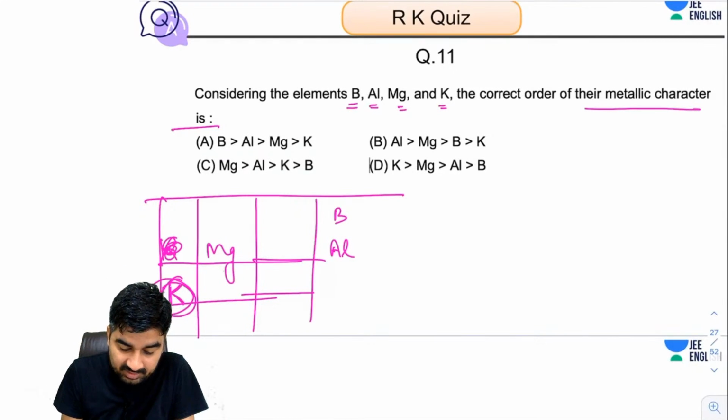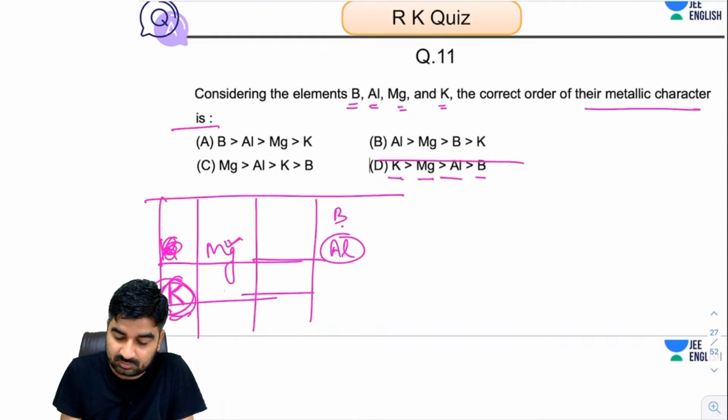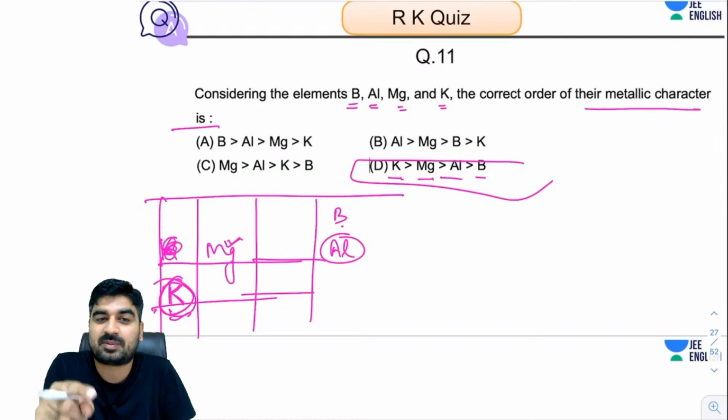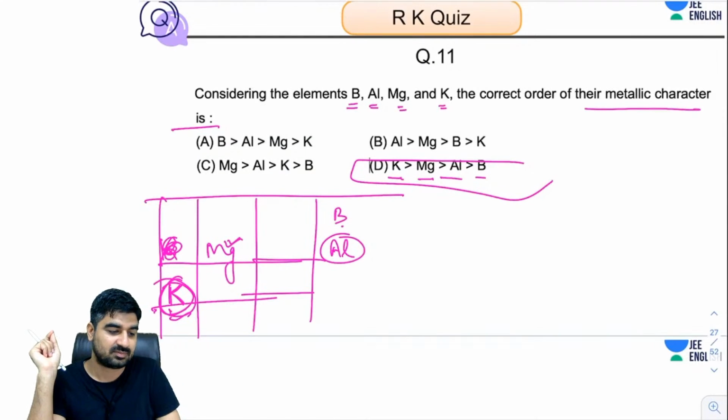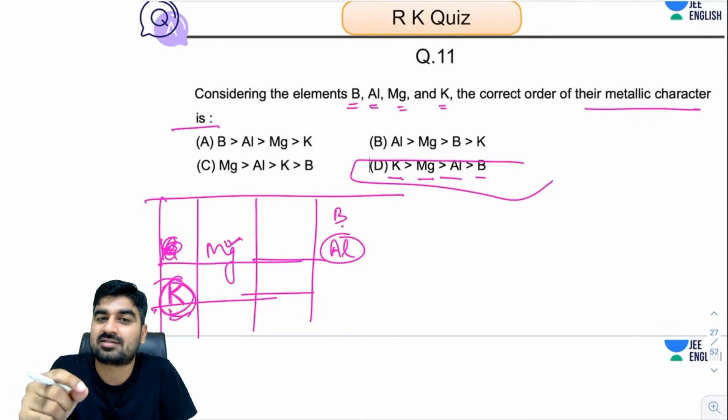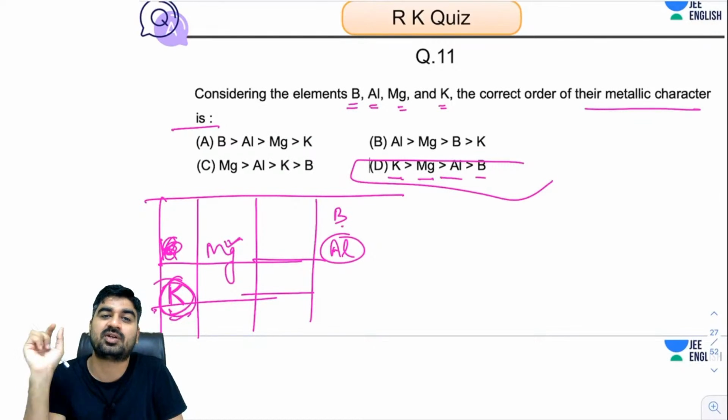So it will have the highest metallic character. Then we will have magnesium, then aluminium, and then boron. So unless you arrange them as per periodic table position, you are not going to get the correct answer. If you want the correct answer, you have to arrange them as per their position in the periodic table.